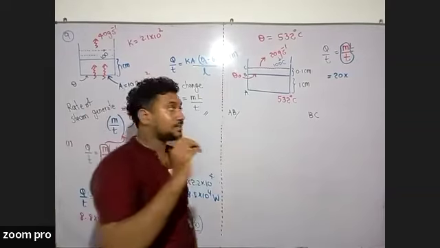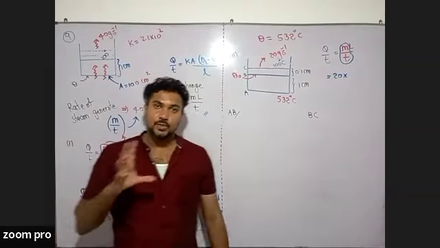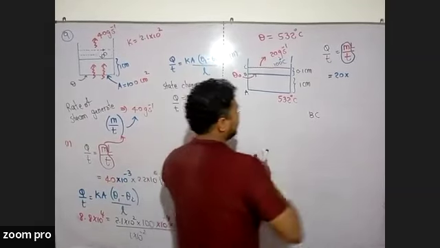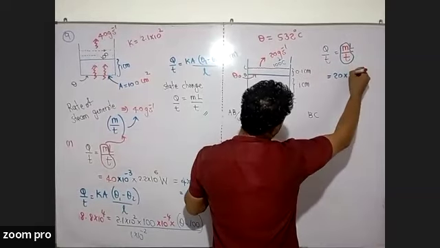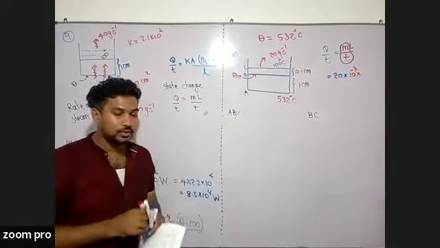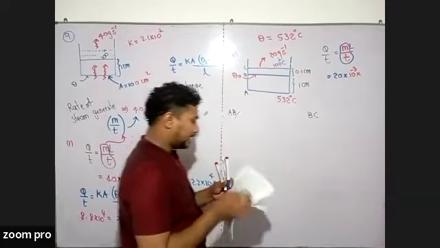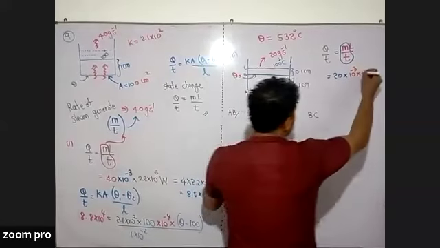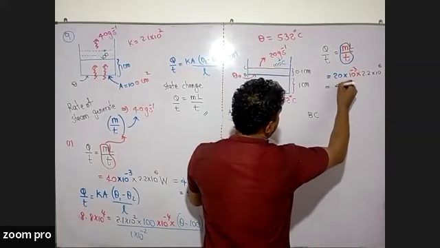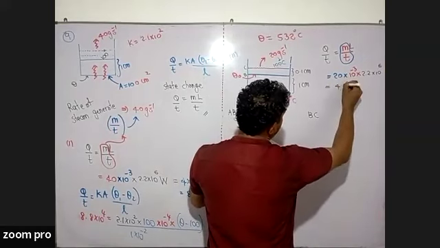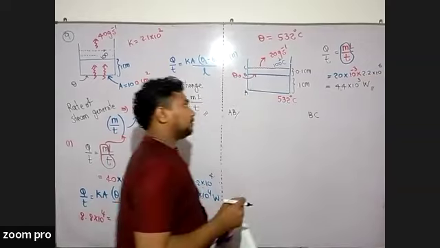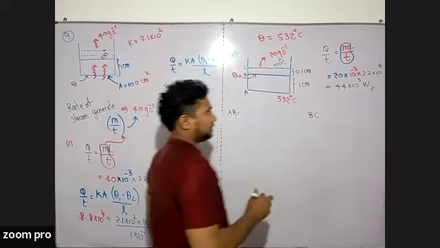So definitely when you substitute into the standard equation, you have to substitute in SI units, right? So that's the principle. Then I want to convert this value into kilograms per second. And it should be equal to 2.2 into 10 to the power 6, right? So at the end, you can figure out that this value is equal to 4.44 into 10 to the power 3 watt, right?